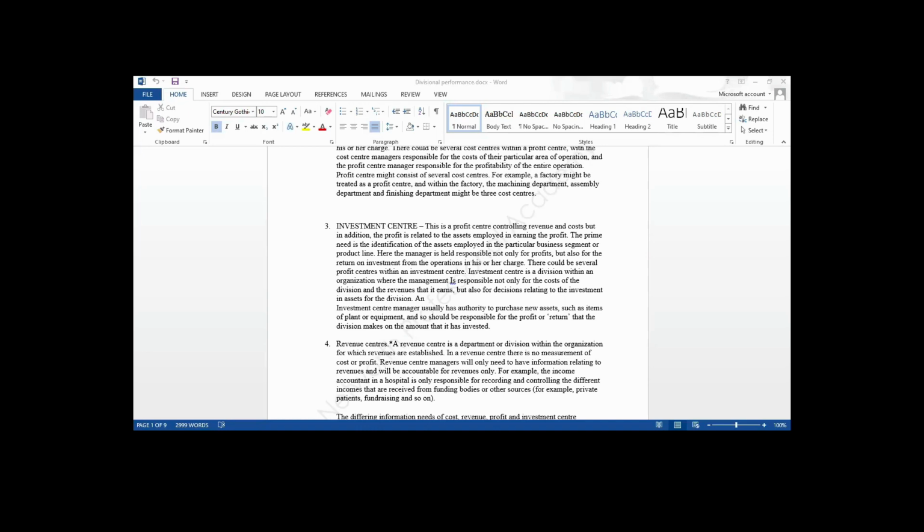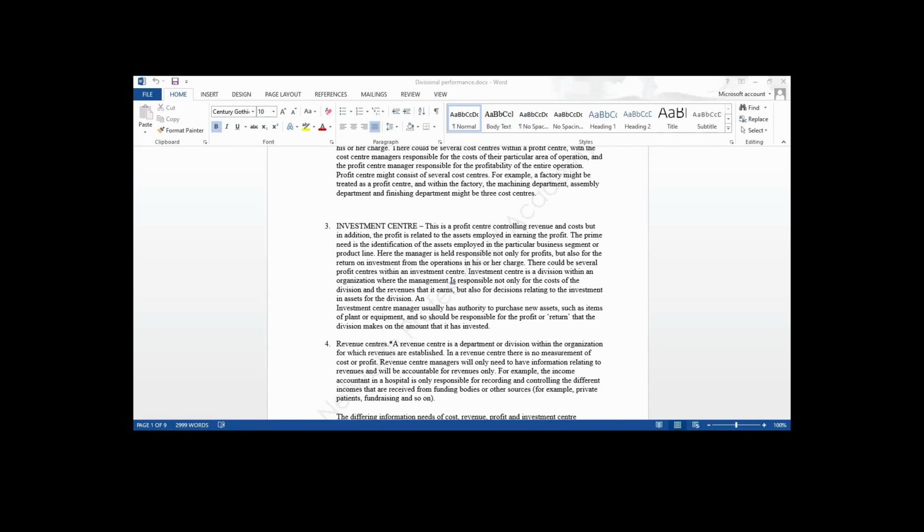The investment center can acquire non-current assets on its own. A profit center can only generate revenue and cost. But the investment center, in addition to generating revenue and cost, can calculate its profits. The investment center is allowed to make investments in fixed assets.